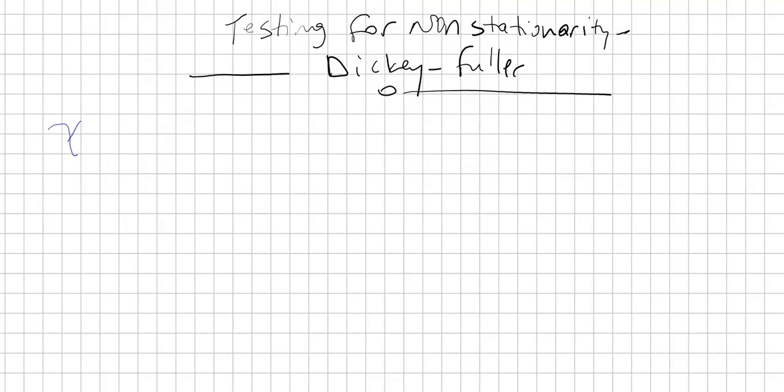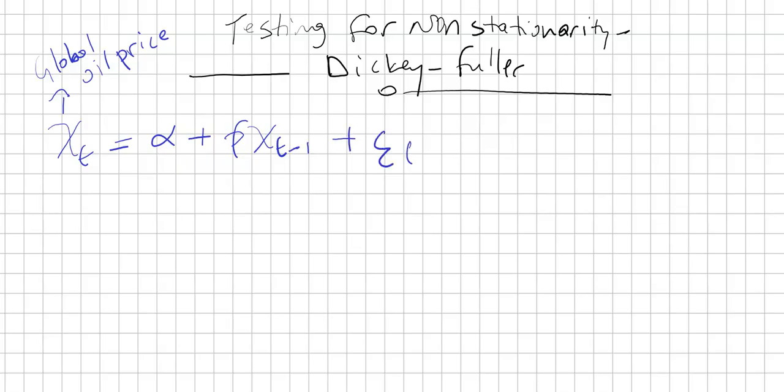We're going to start with X_t standing for the global oil price, which depends on an intercept plus rho times the global oil price of yesterday, plus any external shocks.